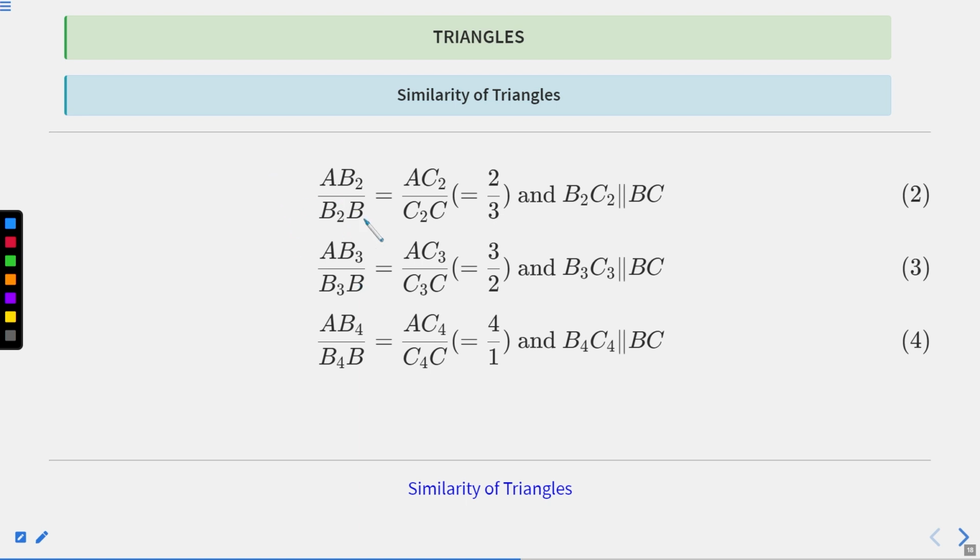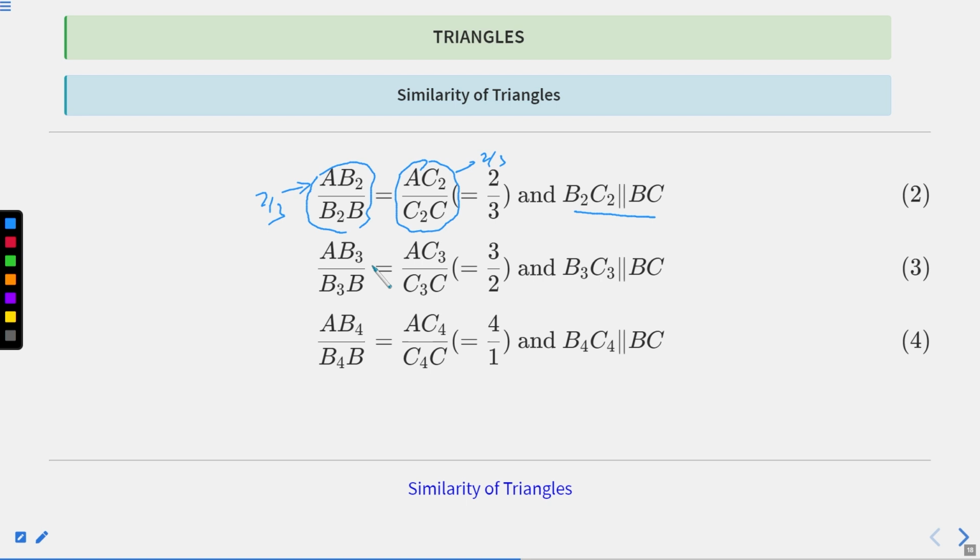And B2C2 is parallel to BC. Naming this equation number 2.